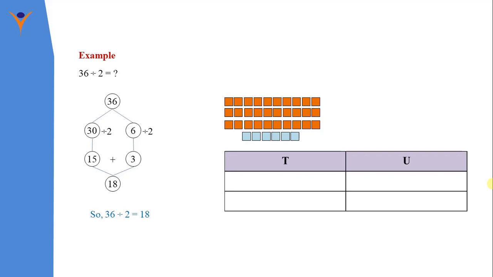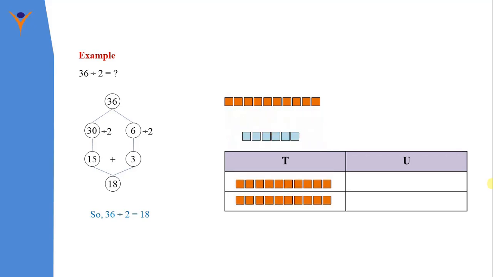Now in the tens column, remember we are dividing by 2. In the tens column, we can put 1 ten, and then we'll put another ten. Now we don't have any more space to put a ten. So what we are going to do, we're going to substitute the 1 ten for 10 ones. So we take 1 ten away and we bring in 10 ones.